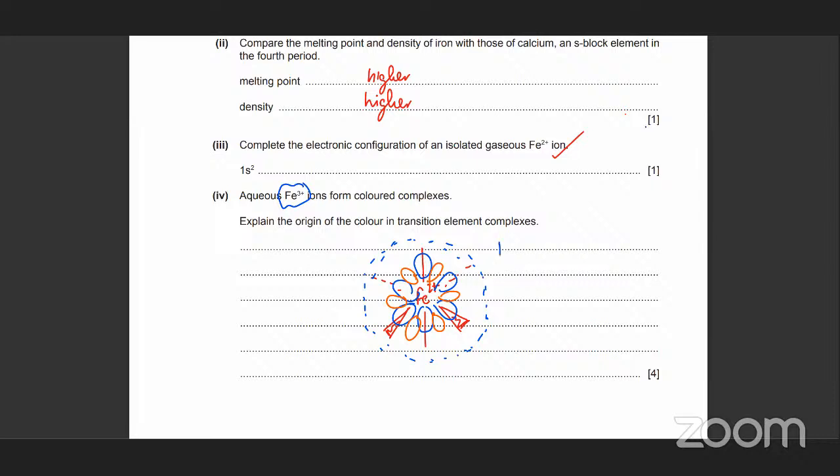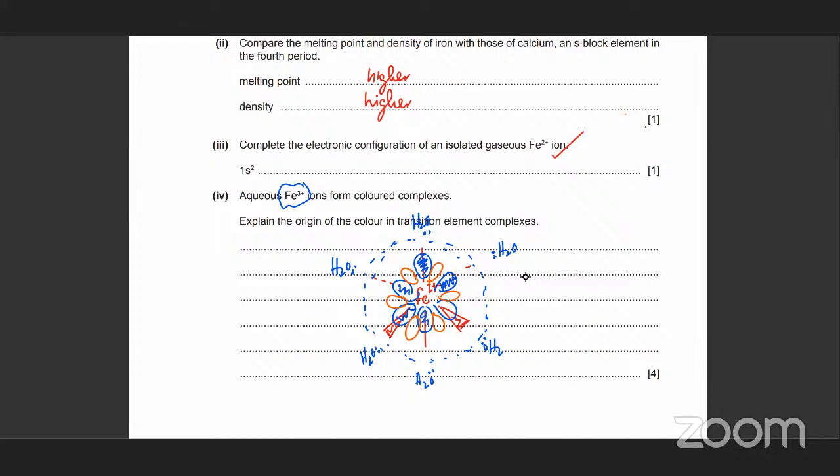Ligands are like water molecules with lone pairs, and if they approach on the axis, they've got nothing to do with the d subshell apart from the repulsion they exert. Remember, the ligands only exist in the outer shell. But because of the presence of these ligands, it would be a lot harder to keep electrons in the d orbitals which are on the axis.